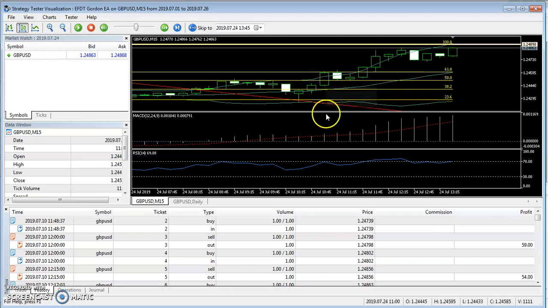Now we see that the MACD is above the 0 line. It's also above the signal line here, the red. See it right here. And the RSI gives us also a strong signal approaching the 70 line, and currently at 68.67. Very good indication.